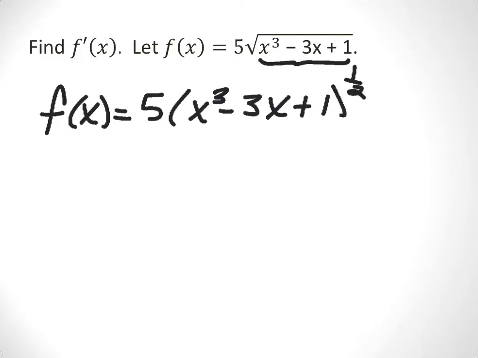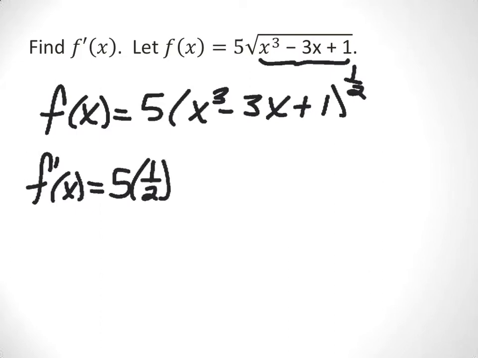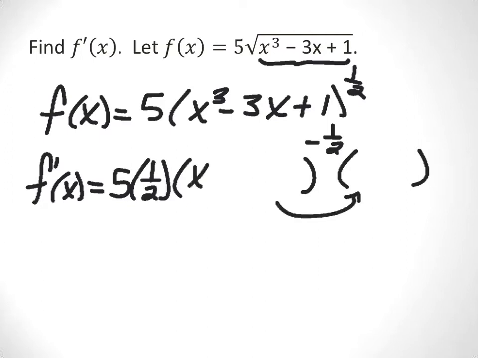Now this is to the 1/2 because what's inside is raised to the 1st power, and this is a square root, and so we use a 2. When we take this derivative then, f prime of x, 5 stays, the 1/2 of the exponent comes down, we're going to rewrite what's inside, subtract 1 from the exponent, and then we're going to chain rule out the derivative of what's inside. So immediately, though, you rewrite exactly what's here.